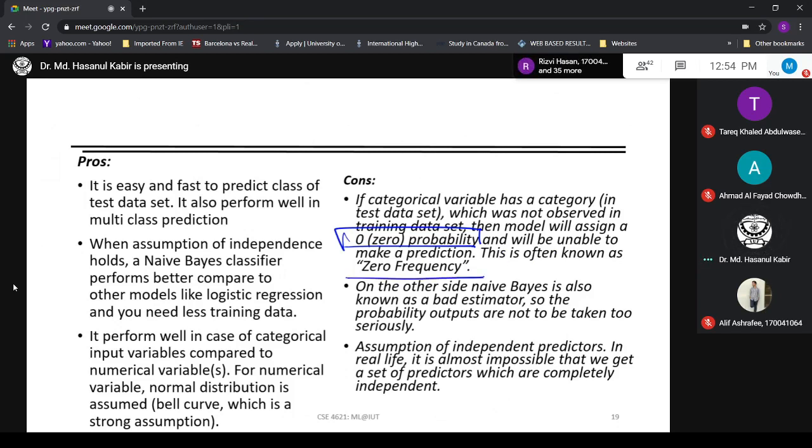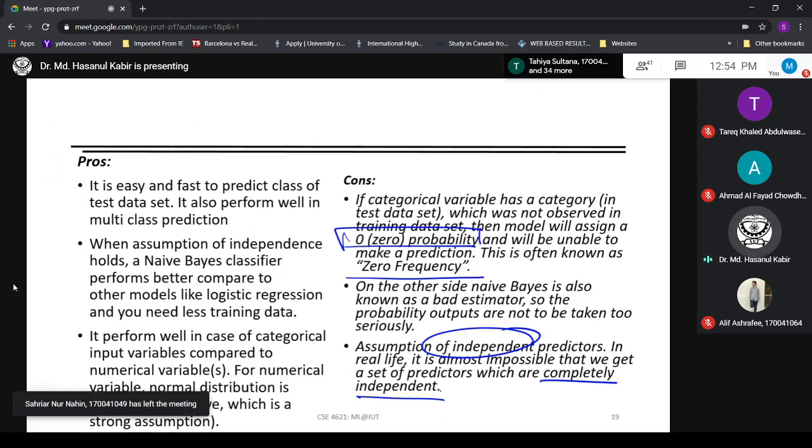Another main problem is that you assume the features to be independent. In real life, it's almost impossible to get all the features completely independent. This is very difficult, but still, with this basic assumption, you will see that in most cases the output gives high accuracy.